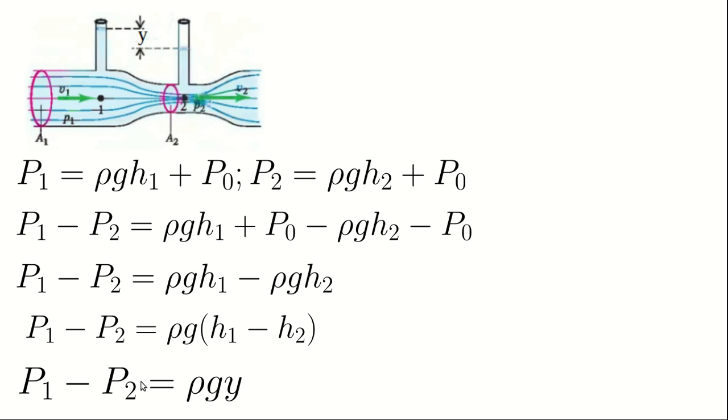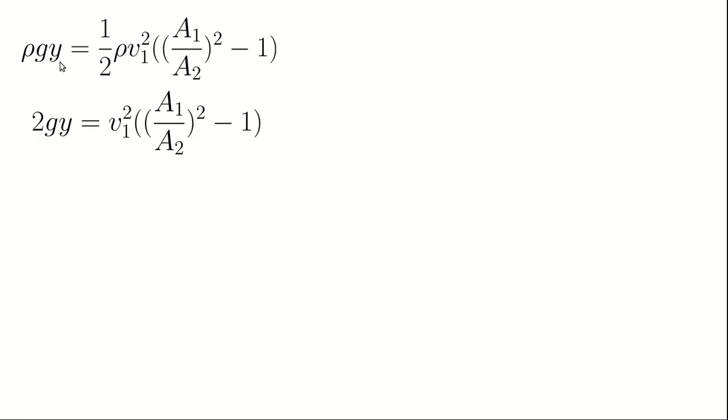Alright, so anywhere we see P1 minus P2, we replace it with this parameter. Since these parameters can be determined easily, or they are known, we can substitute this value back into where we are coming from, which is rho gy instead of P1 minus P2. At this point we can send this one to the bottom.